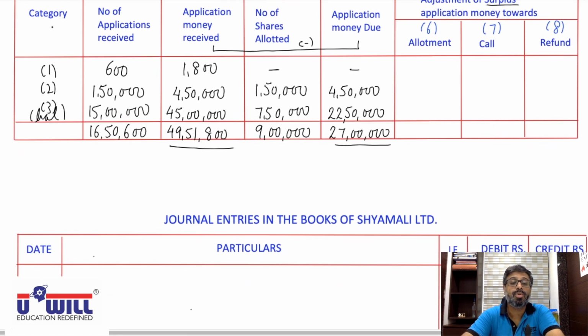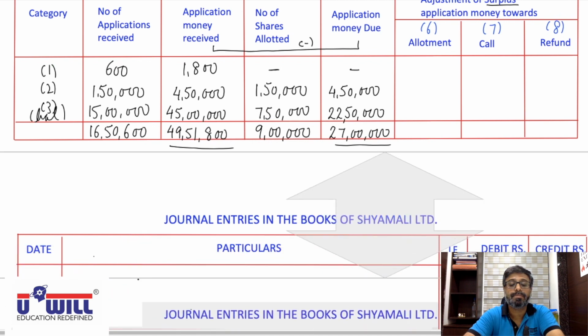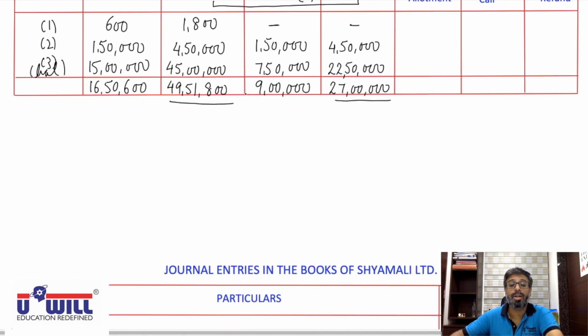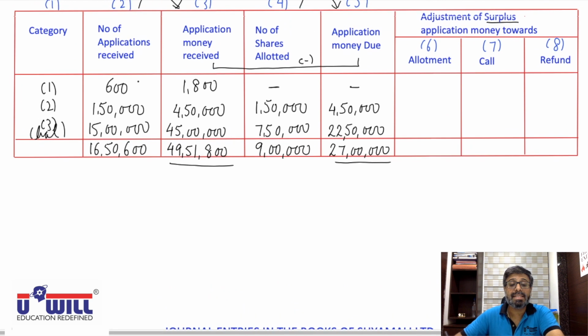So let us do it category wise over here. Now very first of all, this 600 shares are rejected, so entire 1800 minus 0, 1800 is the surplus which we straight away have to refund. Why do we have to refund? Because no shares are allotted, they are rejected.